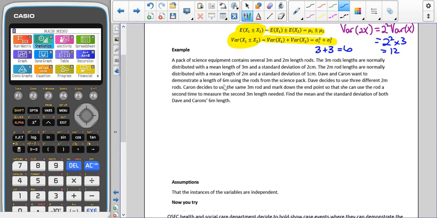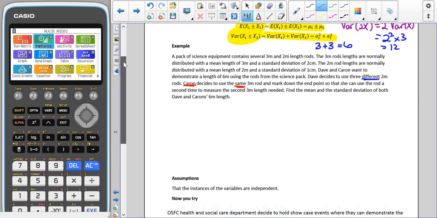Dave and Karen want to demonstrate a length of 6 metres using the rods from the science pack. Dave decides to use 3 different 2 metre rods, whereas Karen decides to use the same 3 metre rod and mark down the end so that she can use the rod a second time to measure another 3 metre length. We're trying to find the mean and standard deviation of both of the 6 metre lengths.